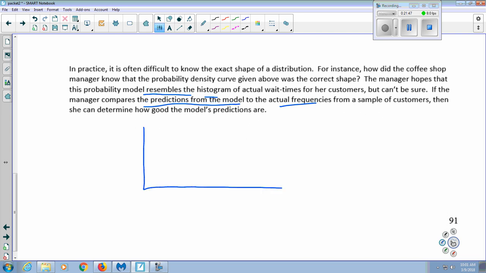If the wait times were uniformly distributed between, say, 1 and 4, then we could find the area. Like if we have a uniform distribution, right, and we want to know the probability of waiting between 1 and 2 minutes, this is a rectangle.